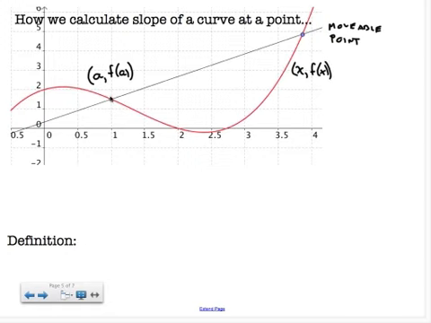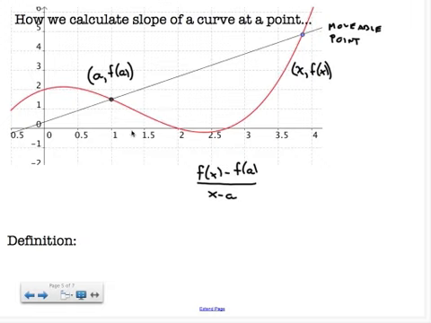Now, I've drawn a secant line in here. The slope of this secant line is f of x minus f of a, that's the change in the y values, divided by x minus a. Now, what I want to do is make these 2 points on the curve get closer and closer together.